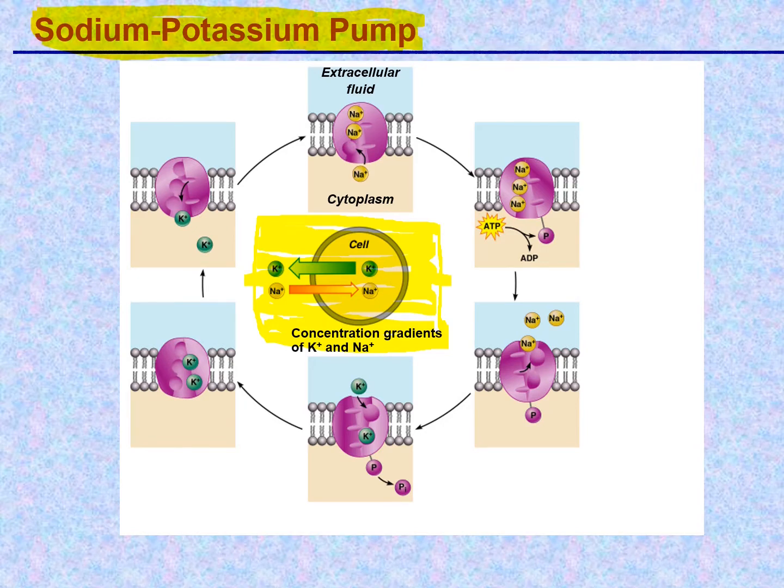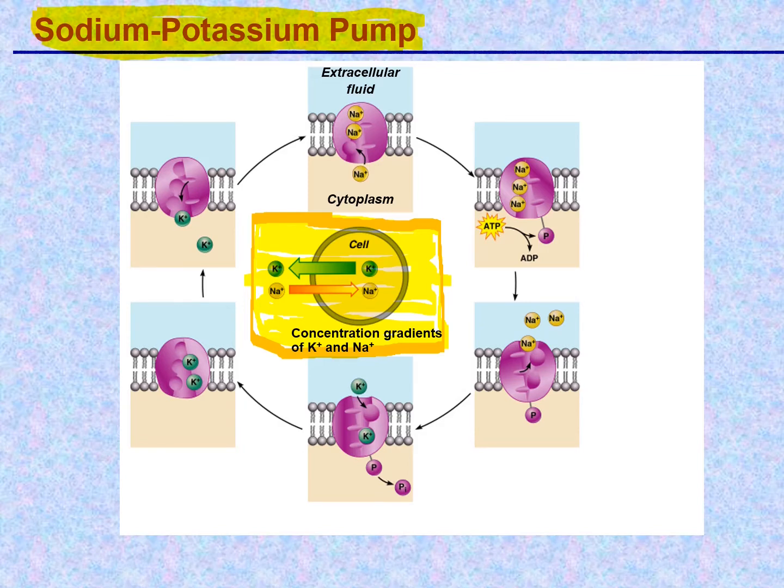So if there are specific channels, either a sodium channel or a potassium channel, that opens, then you'll get a passive movement or passive transport of sodium in and potassium out, as is shown here in the middle. They will move because of the concentration gradient.